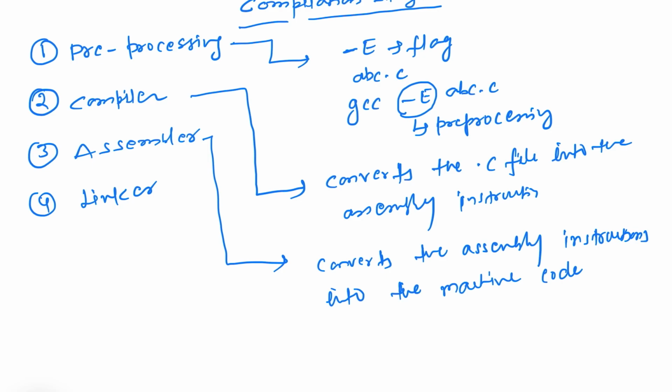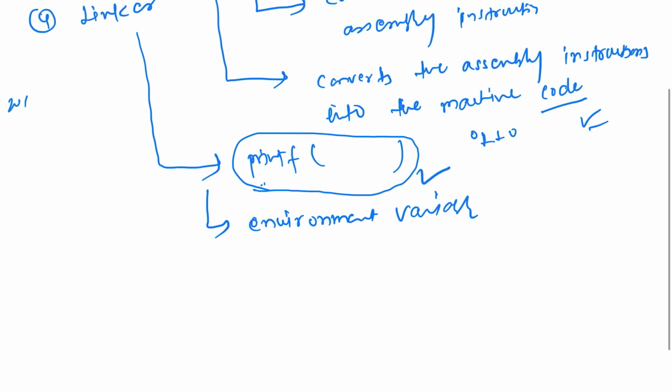Okay, so now you understand that at the time of the assembler, the machine code comes into the picture, or you can say the 0s and 1s, whatever the conversion we are doing, it comes into the picture at the time of the assembler.